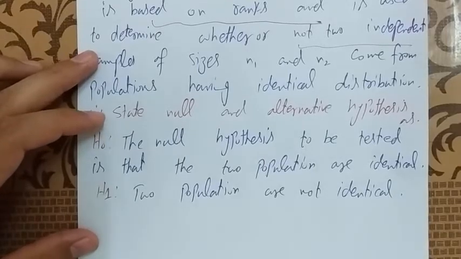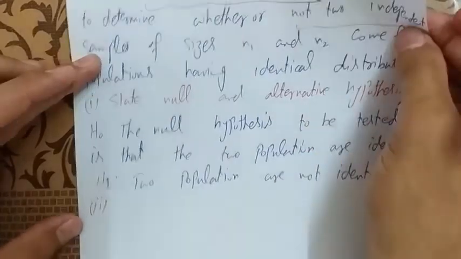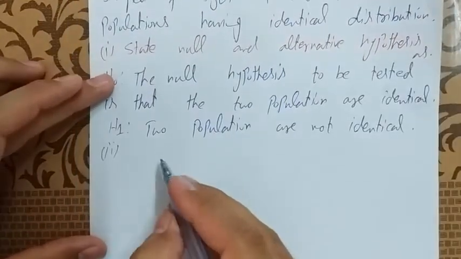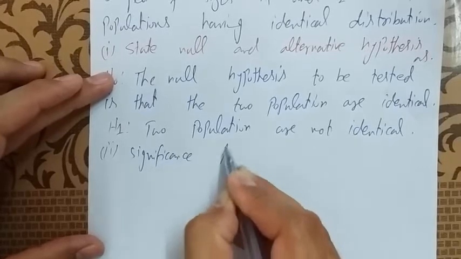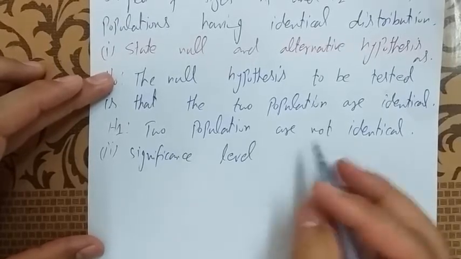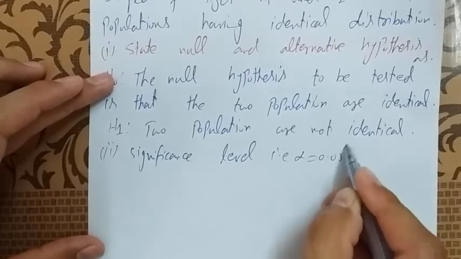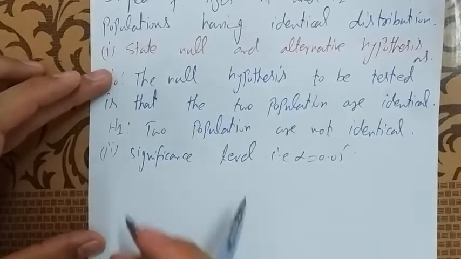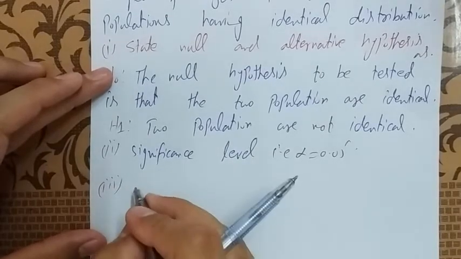In the second step, we find the significance level, denoted as alpha, and normally we use 0.05. In the third step, students, this is the test statistic.